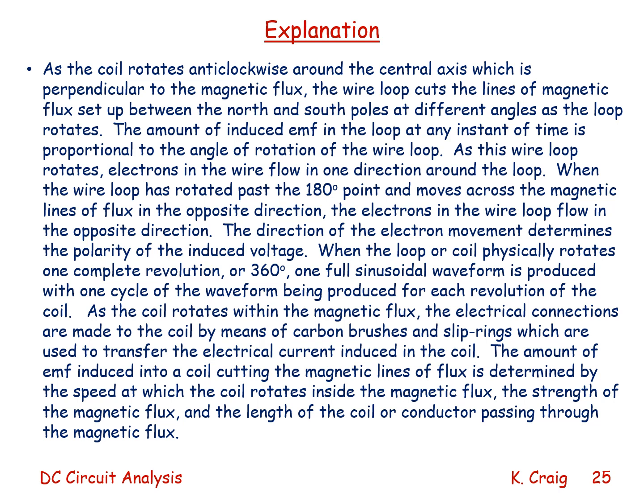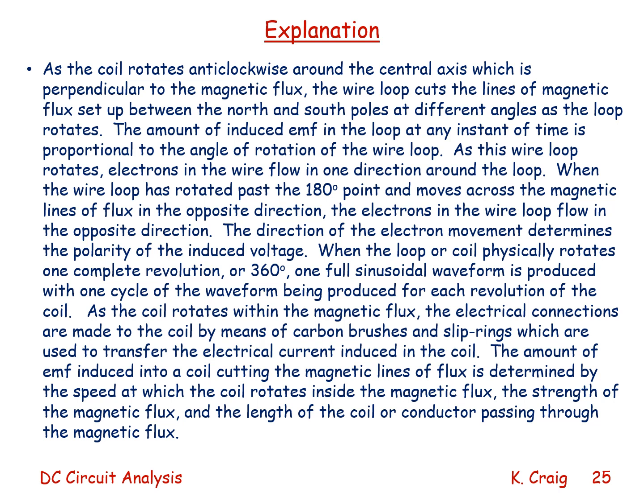The amount of induced EMF in the loop at any instant of time is proportional to the angle of rotation of the wire loop. As this wire loop rotates, electrons in the wire flow in one direction around the loop. When the wire loop has rotated past the 180-degree point and moves across the magnetic lines of flux in the opposite direction, the electrons in the wire loop flow in the opposite direction.